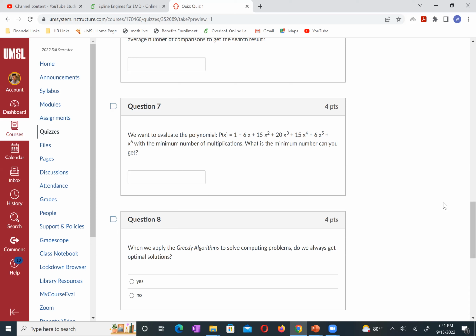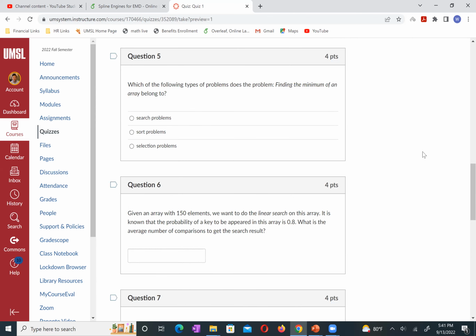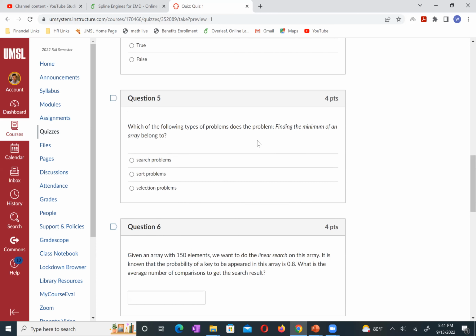What does "belong to" mean when it refers to me? Oh, Cody, "belongs to" means the three categories, right? I think you're talking about question number 5. In the notes, we mentioned three categories: search problems, sort problems, selection problems.